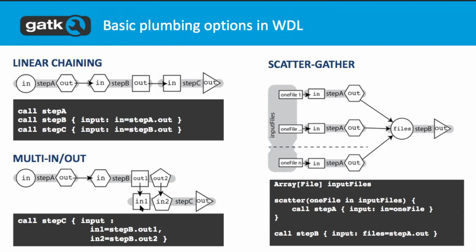And finally, when you're done, what this entire block outputs is another array of outputs. And then you can call some other task with this array of files as input, right? So we'll also take a look at that later.